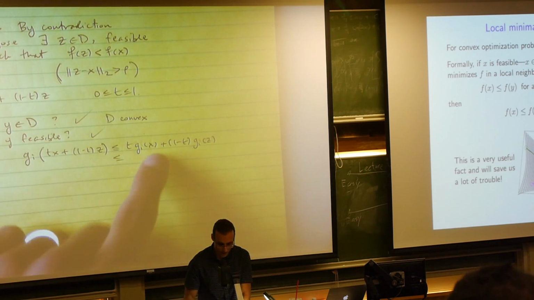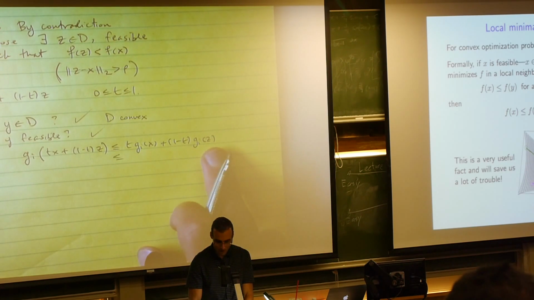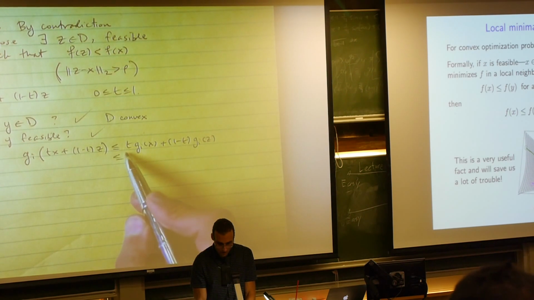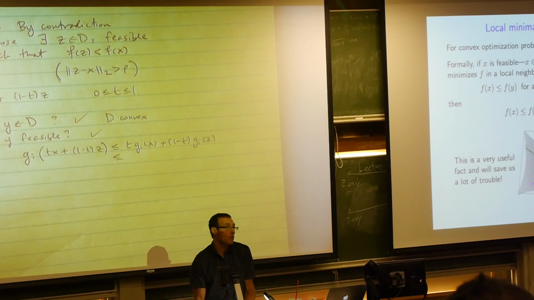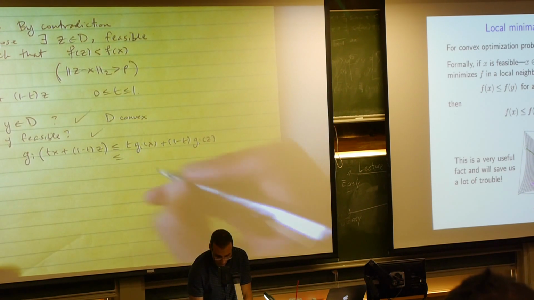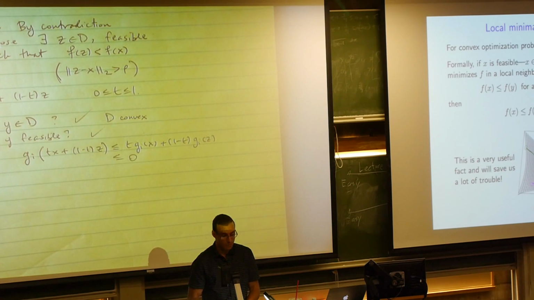But each of these g_i is less than or equal to 0, and t and 1 minus t are both greater than or equal to 0, since t is between 0 and 1. So this whole thing is less than or equal to 0.